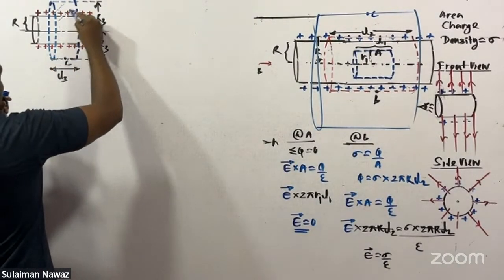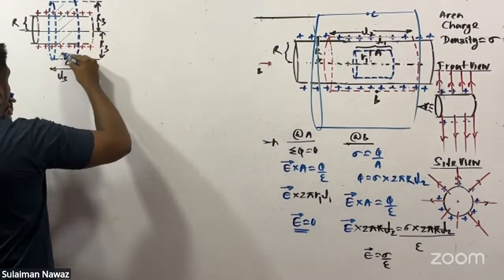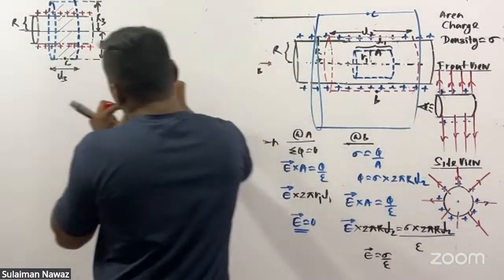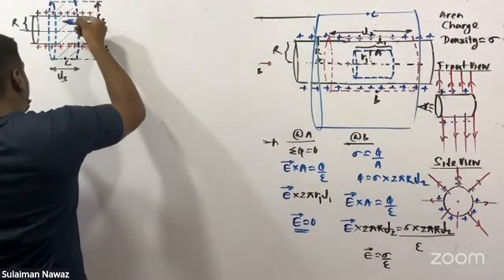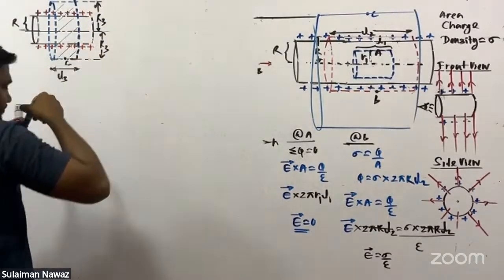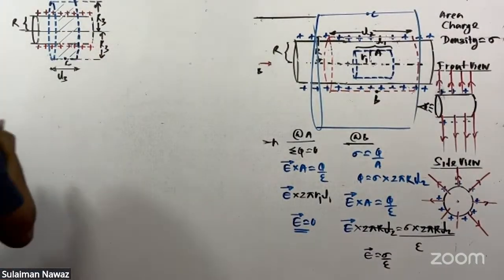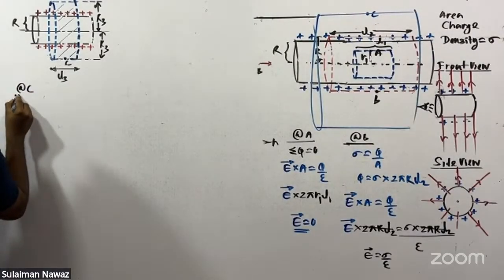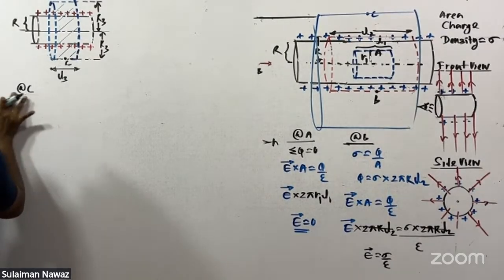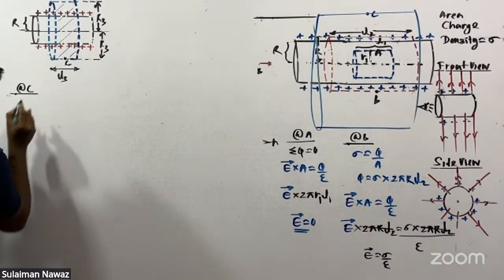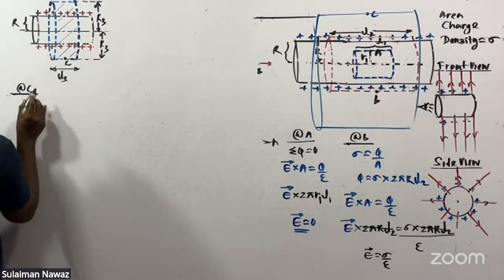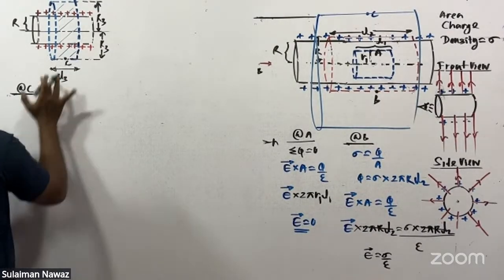This is our Gaussian surface. Now shall we find the intensity at point capital C, outside the hollow conductive cylinder? First of all, let's find the total charge inside the blue color Gaussian cylinder.